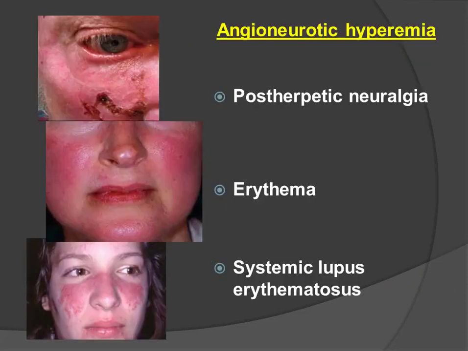Angioneurotic hyperemia occurs due to the stimulation of vasodilator nerves or paralysis of vasoconstrictor nerves. It happens in a certain part of the body because of violation of innervation of the skin and mucous membranes on the face, or due to some infections affecting sympathetic nodes.